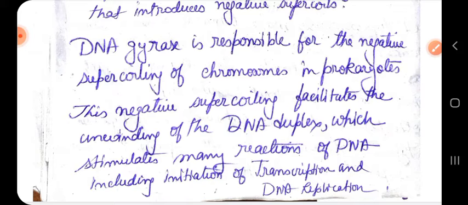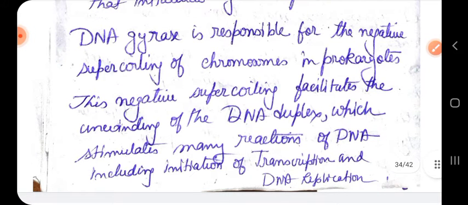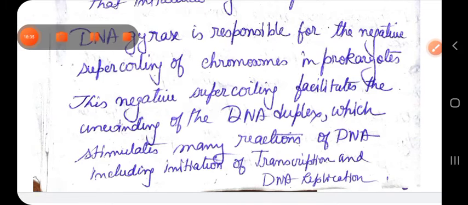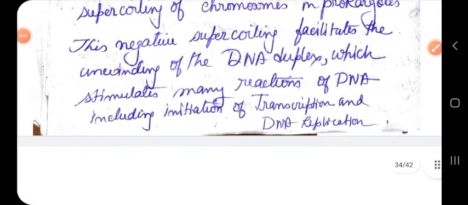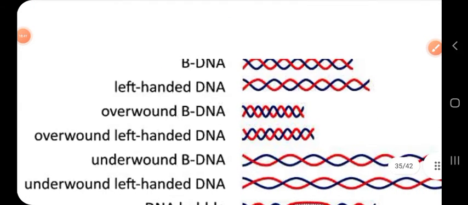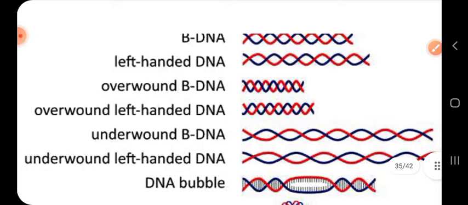So it creates a platform where all the other enzymes will initiate the replication process or the transcription process. Like in prokaryotes, sigma factor is required for transcription. Okay. So now this is a diagram or figure which has been shown.